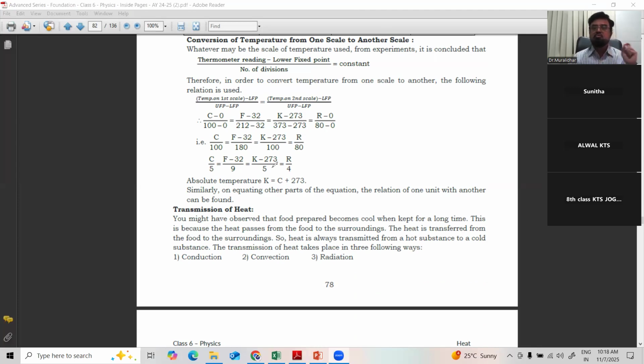For example, Celsius is given, asked to convert into Fahrenheit, or Fahrenheit into Reaumur, or Kelvin into Reaumur. How to do? For that a formula is there. So this is the formula.